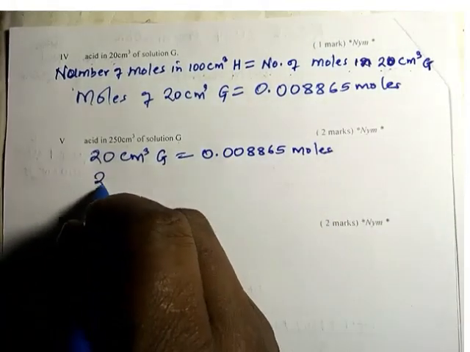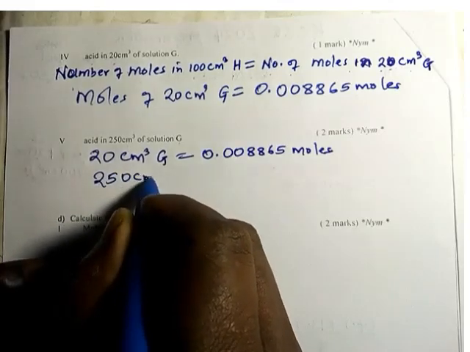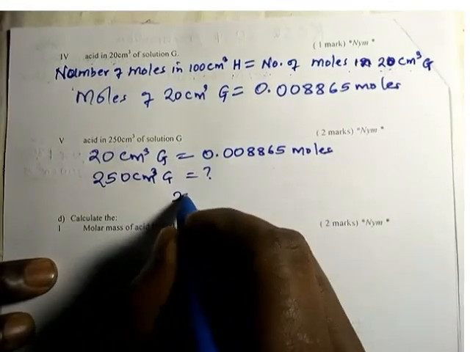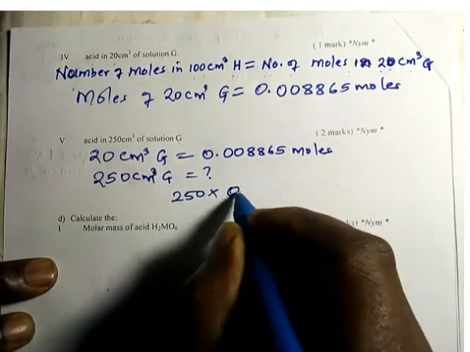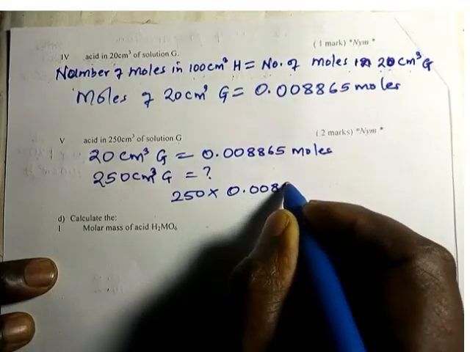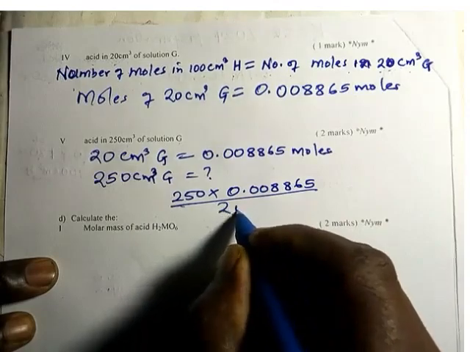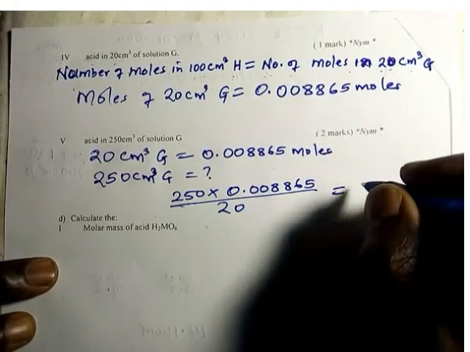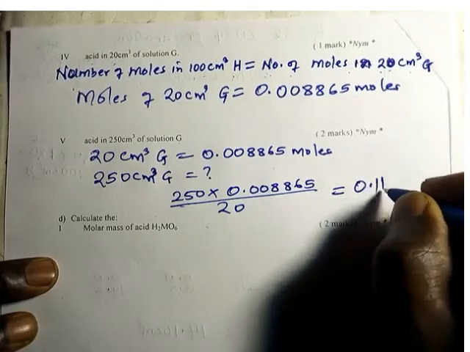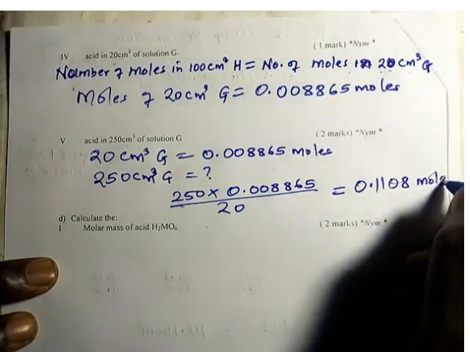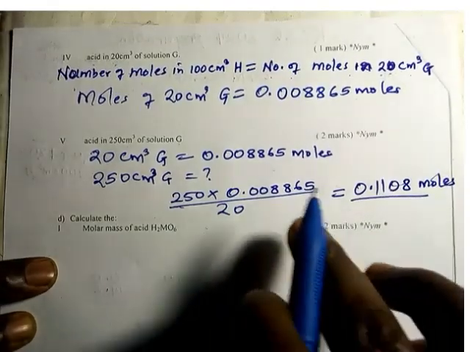So we will ask 250 centimeters cube G will contain 250 times 0.008865 divided by 25. And this one gives us 0.1108 moles. So this is the number of moles in 250 G.